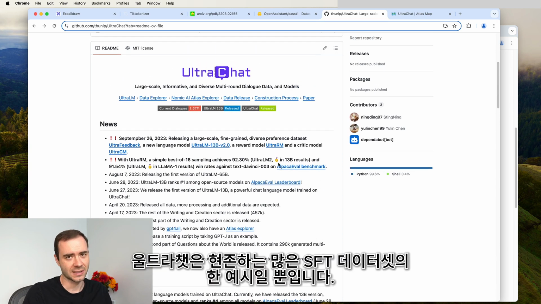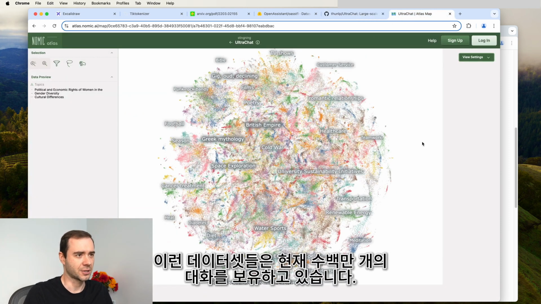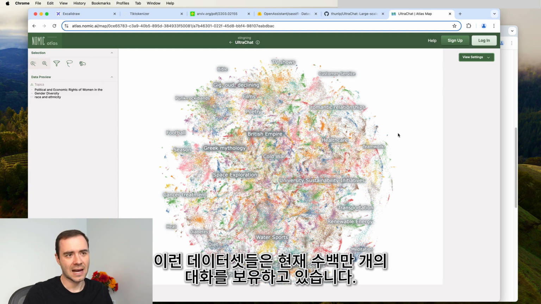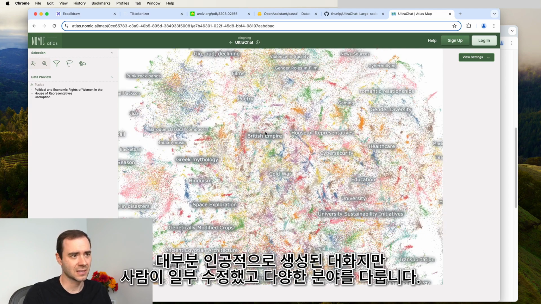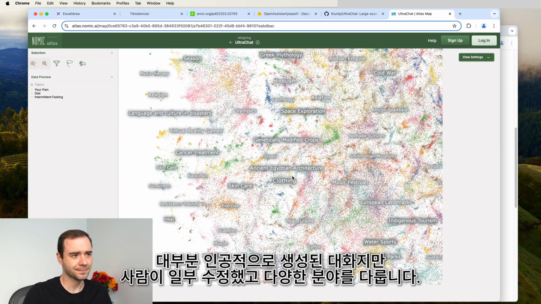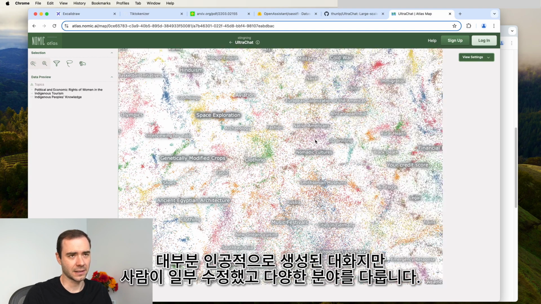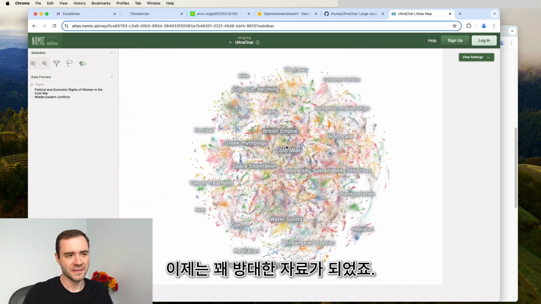UltraChat is just one example of many SFT datasets that currently exist. And the only thing I want to show you is that these datasets have now millions of conversations. These conversations are mostly synthetic, but they're probably edited to some extent by humans. And they span a huge diversity of areas and so on. So these are fairly extensive artifacts by now.